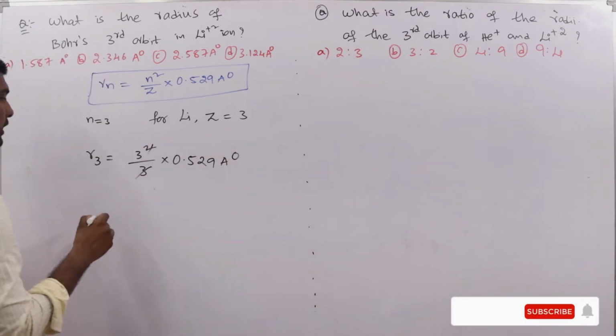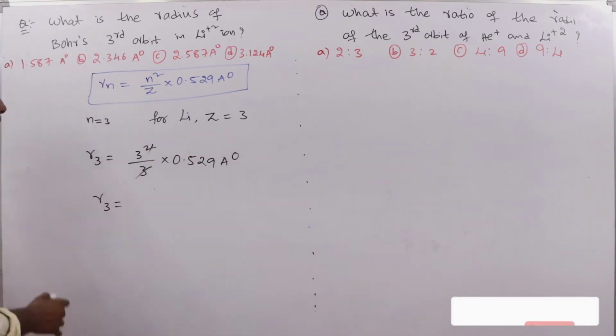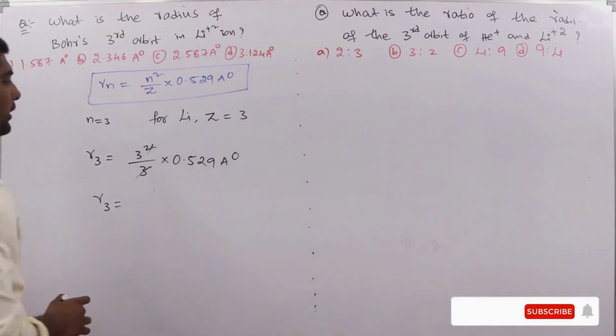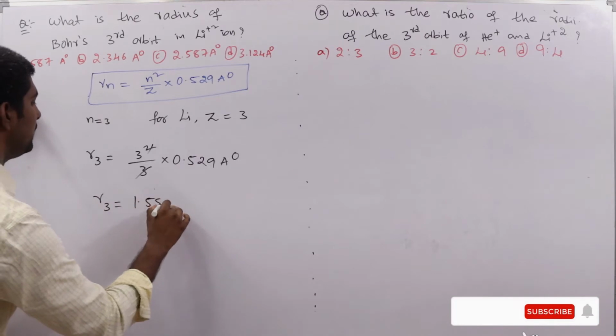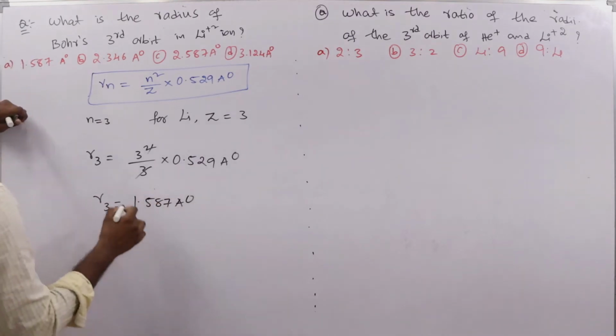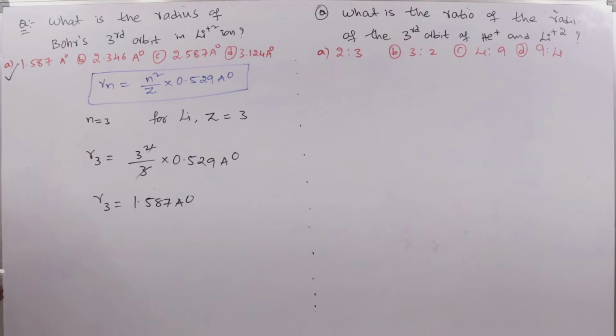Here 3 will get cancelled. So finally we have 3 into 0.529 angstrom, that is nothing but 1.587 angstrom. So option A is the answer.